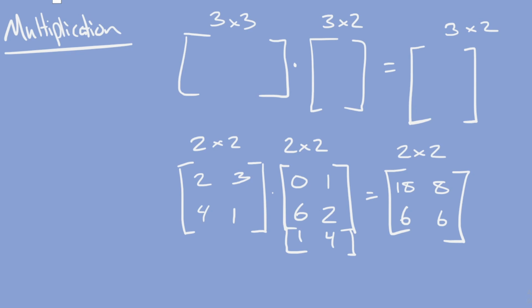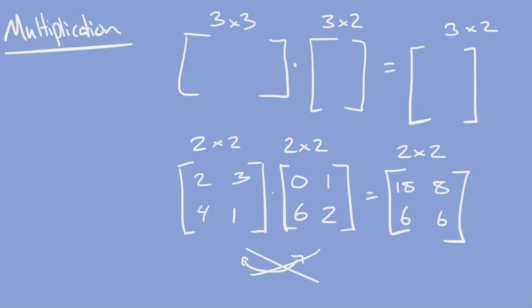Which isn't quite as intuitive, like I said, as addition, but it will make sense after a few practice problems. One thing to keep in mind is if you swap these, you will not get the same answer.